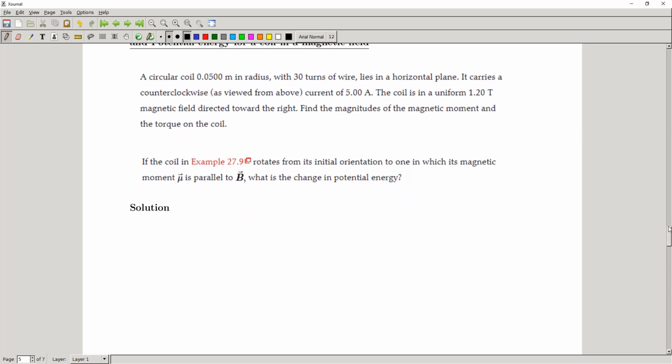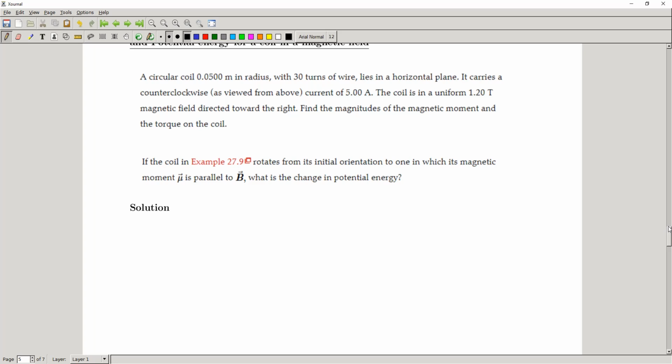We have a circular coil which is 0.05 meters in radius with 30 turns of wire. So we have 30 loops in here. Our n is going to be equal to 30, right? This winding of wire lies in a horizontal plane.